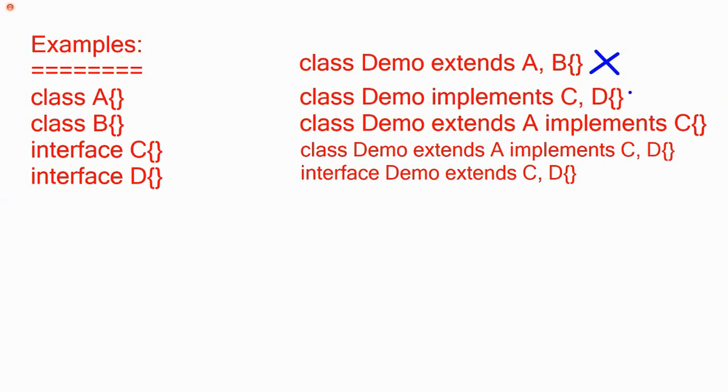So it is valid. One class, one interface, valid. One class, two interfaces, valid. Two interfaces in another interface, valid. Only thing, two classes not possible. Remaining all valid.